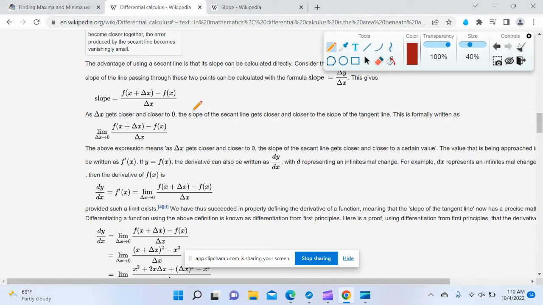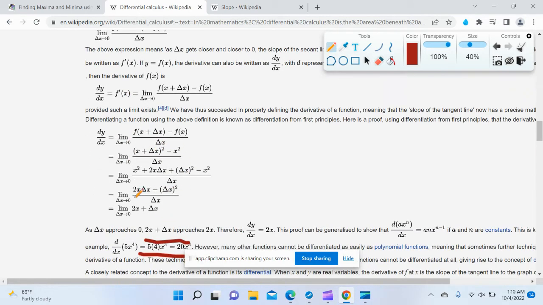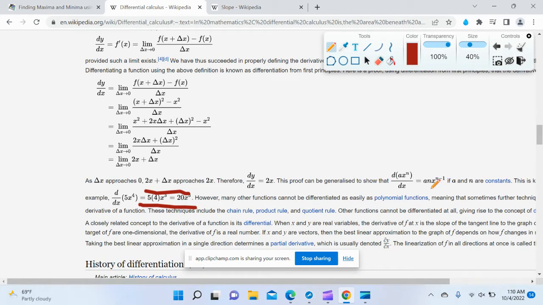We know the value of slope, and for that particular slope we want to take the limit as delta x goes to 0, which means the change is very close to 0, and for that we derive our formula. When we derived it, we found that this should be the formula. We just have to remember this formula. Okay, we are good, I think.